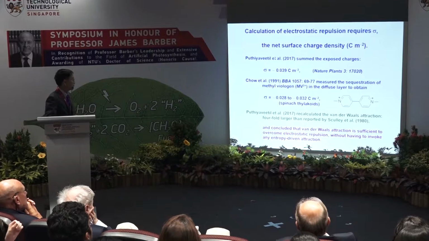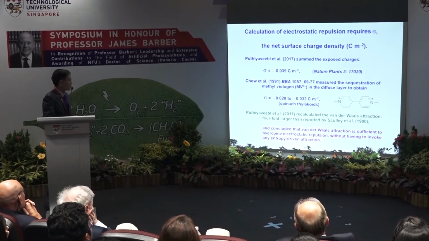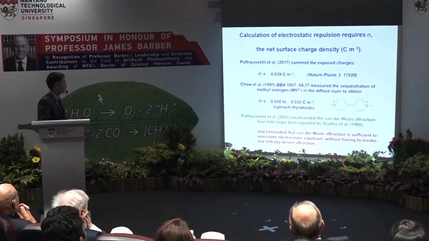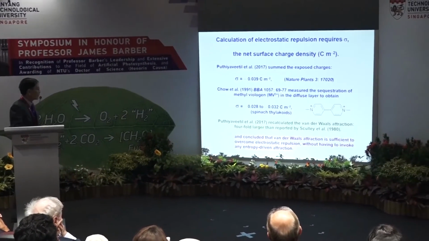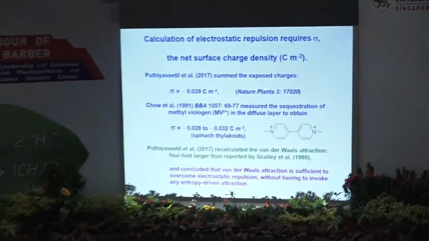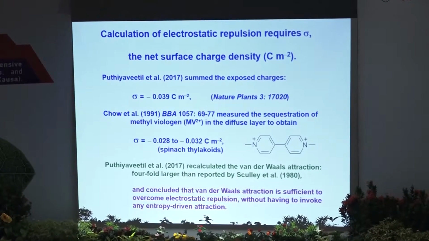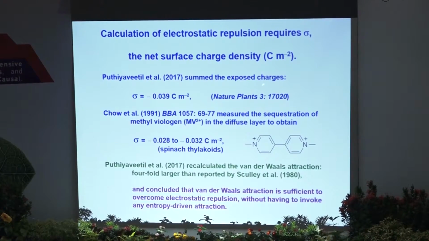This year, a group headed by Helmut Kirchhoff at Pullman published a paper in Nature Plants where they summed the exposed charges, negative and positive, on proteins and lipids, and arrived at a figure of a negative 39 millicoulombs per square meter.